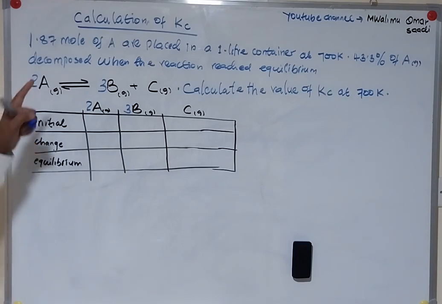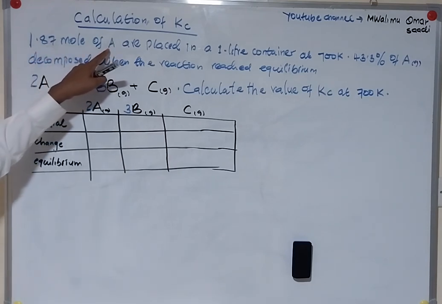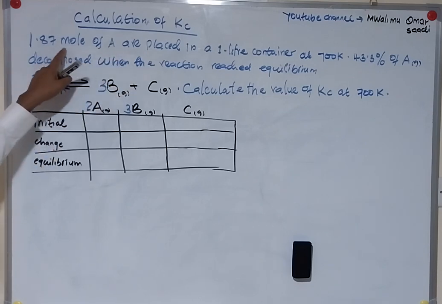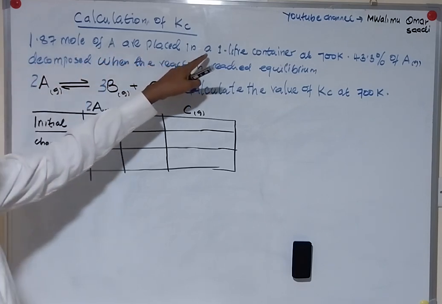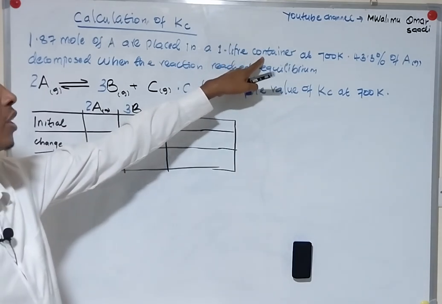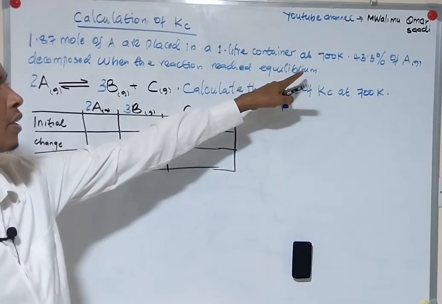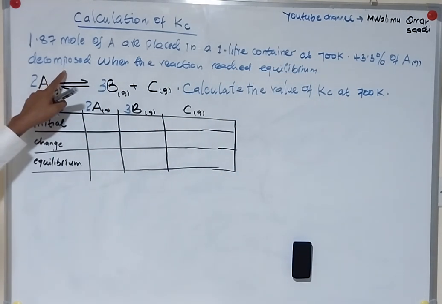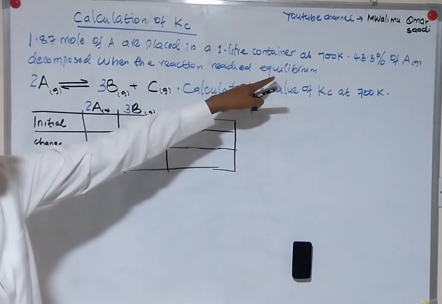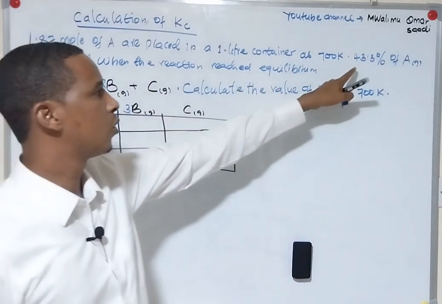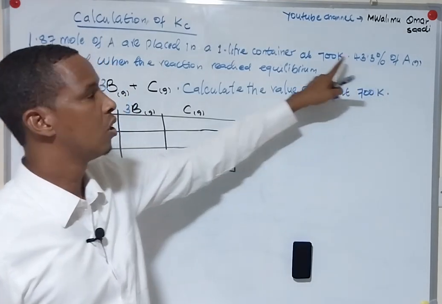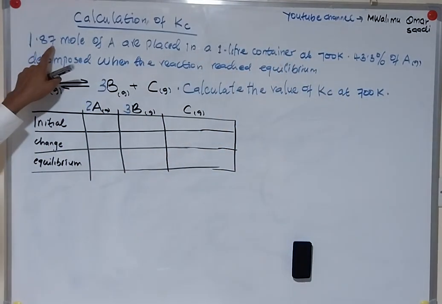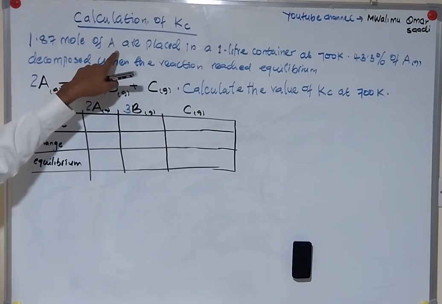We are told 1.87 mole of A is placed in a 1 liter container at 700 K. 43.3% of A decomposed when the reaction reached equilibrium. So this means 43.3% of 1.87 of A has decomposed.